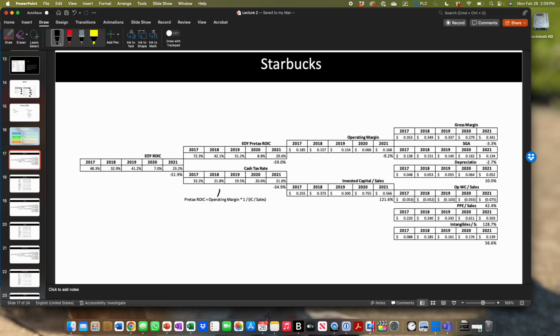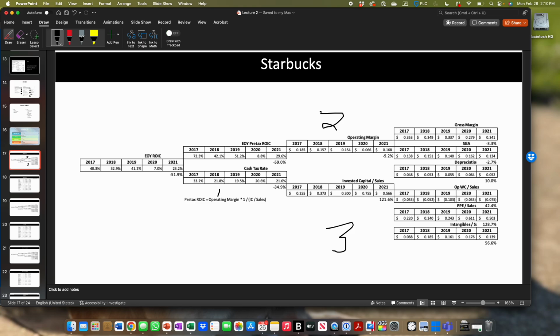Why did the pre-tax ROIC go down? Drivers 2 and 3. Driver number 2 is operating margin. Driver number 3, invested capital to sales. Okay. Now, operating margin is basically how much you make when you sell something, right?